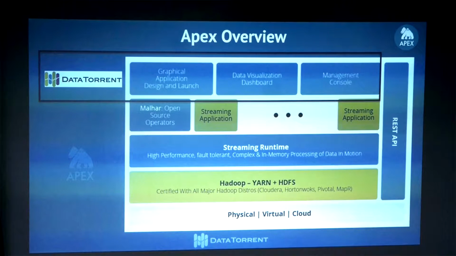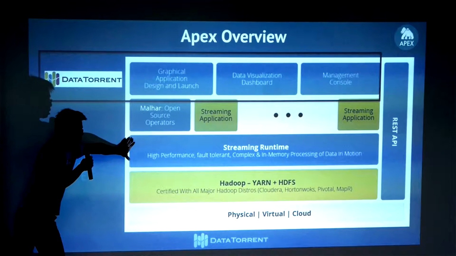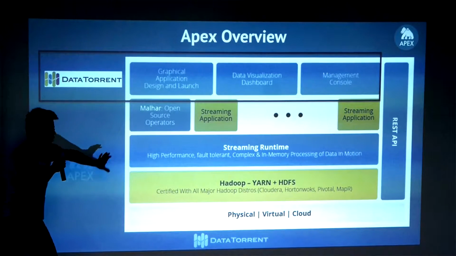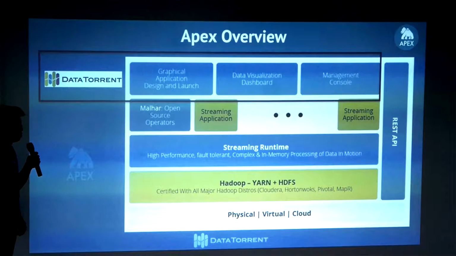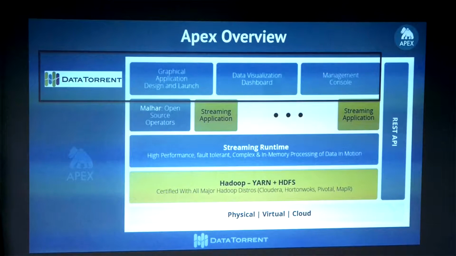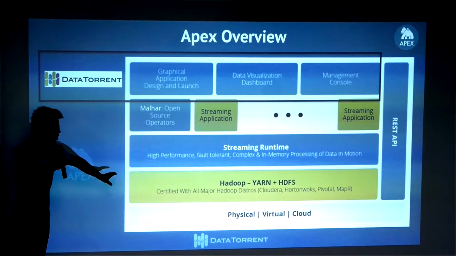This picture gives you a view of how the Apex engine runs. If you run Apex in distributed mode, this bar here is the Apex core engine, and under this bar is Hadoop. The distributed mode of an Apex application depends on Yarn and HDFS in Hadoop.